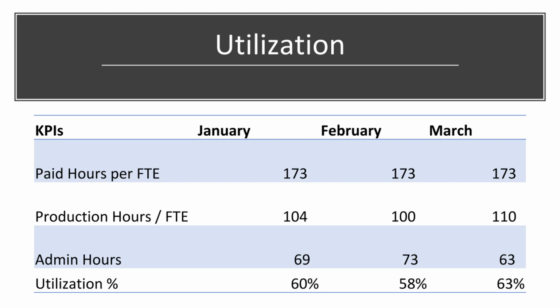So I'm expressing this concept of utilization as a percentage. I'm saying the hours spent on production relative to the total hours they had available is 60%, 58%, 63%. And we can see that would affect our revenue per FTE in those months, which would affect our gross margin on the financial statements in those same months.